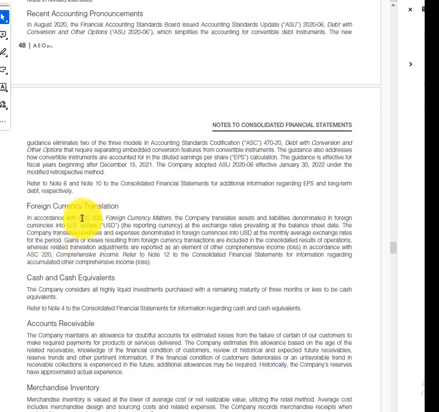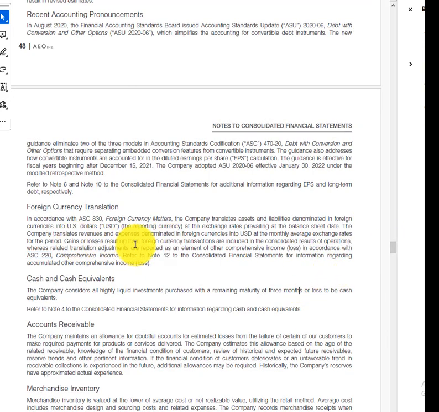For instance, this one on foreign currency translation, they went to ASC. When you see ASC, that is how things are referred to in the codification, 220. And then they put it in italics to make it stand out even more.